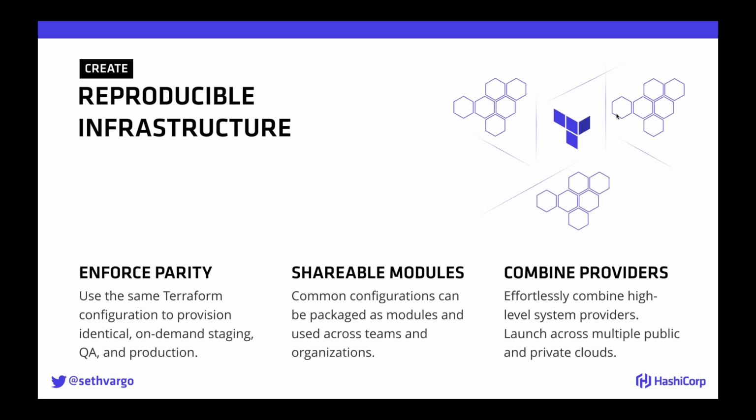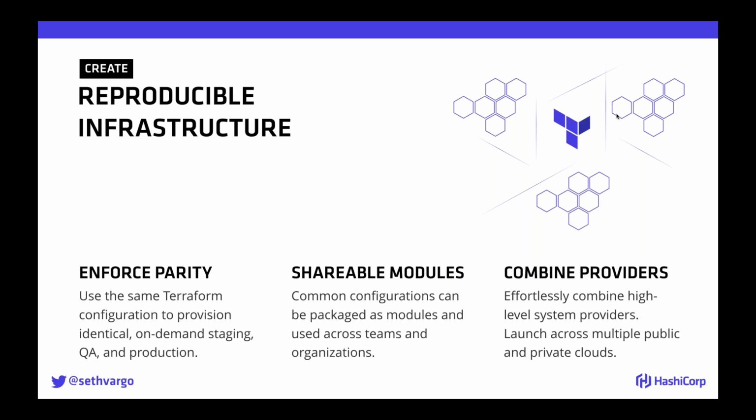And lastly, Terraform is designed to produce reproducible infrastructure. And this is one of the key things that I want to focus on for today's webinar. First, Terraform allows us to enforce parity with other environments. By using the same set of Terraform configurations, we can provision identical on-demand staging, QA, and production environments.